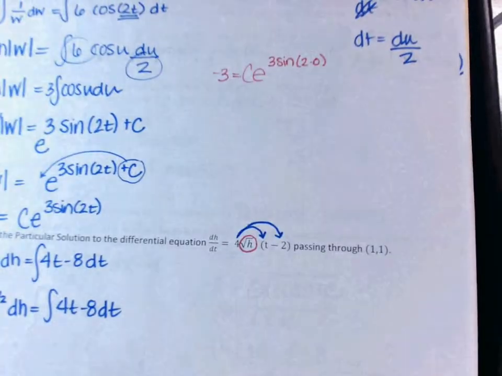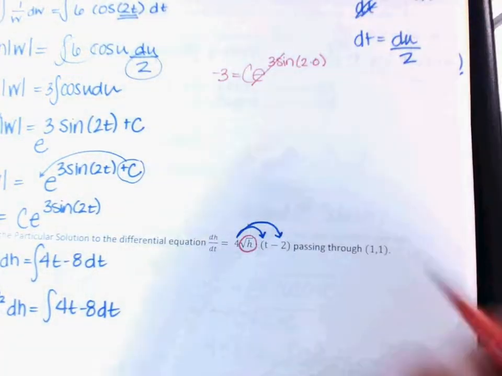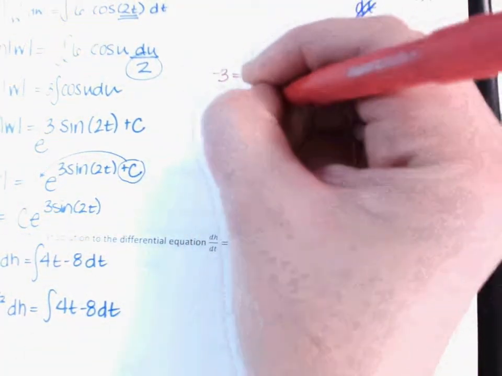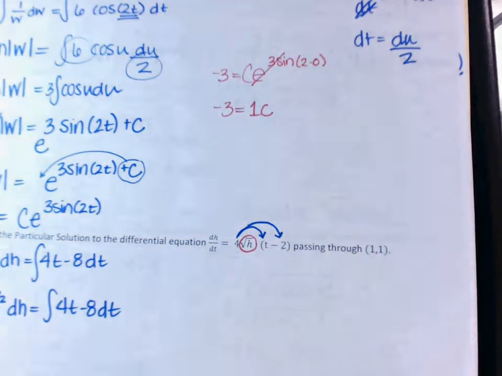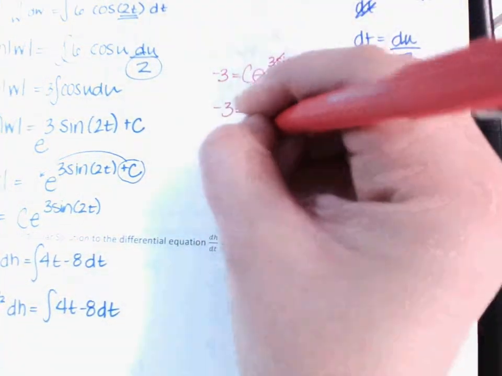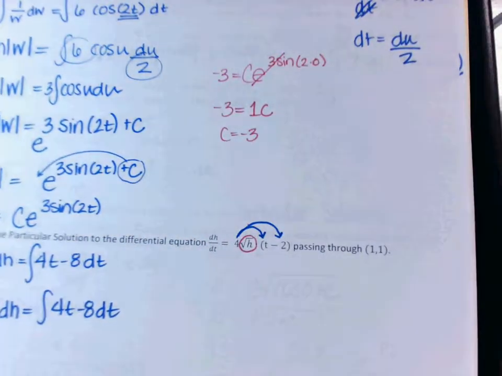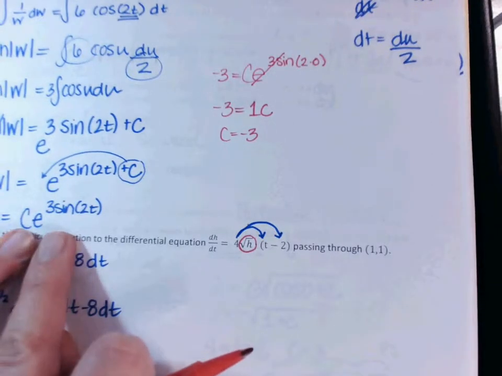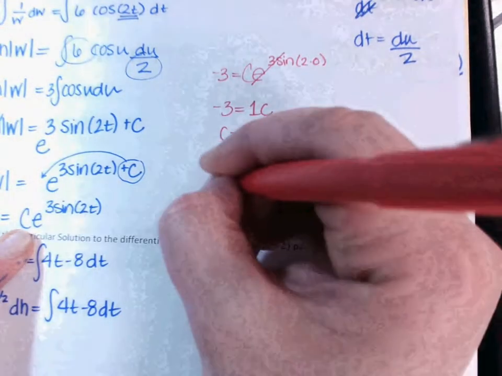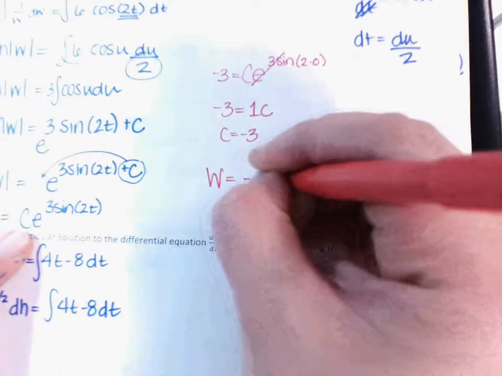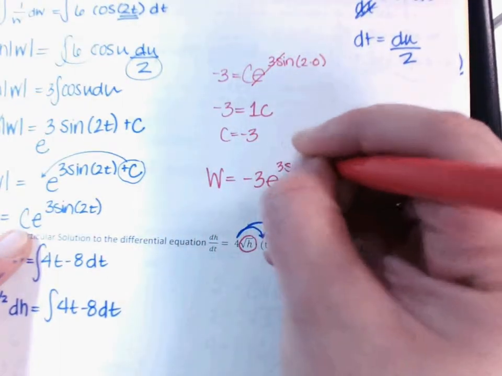What's e to the 0? 1. So then I have -3 equals 1c, so c is just -3. And when I rewrite my equation, I put it right here: w equals -3 e to the 3 sine 2t.